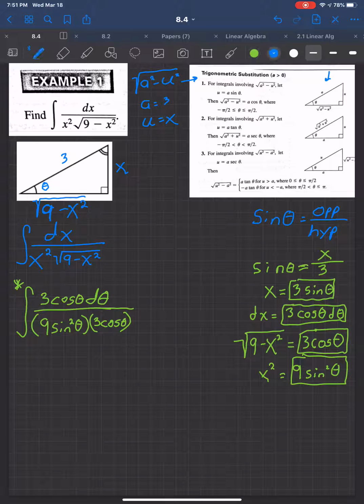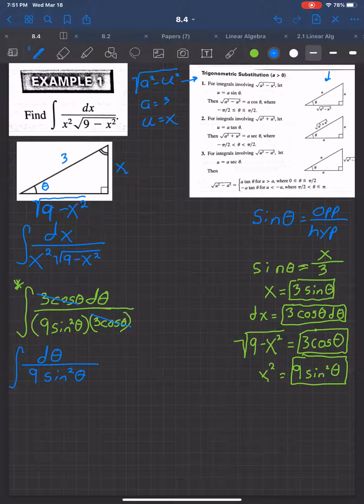All right, so what's nice is at this stage, as soon as you plug everything in, the way that these textbook problems are set up, some things should cancel. Let's rewrite what we have at that point. So at that point we have the integral of d theta over 9 sine squared of theta.